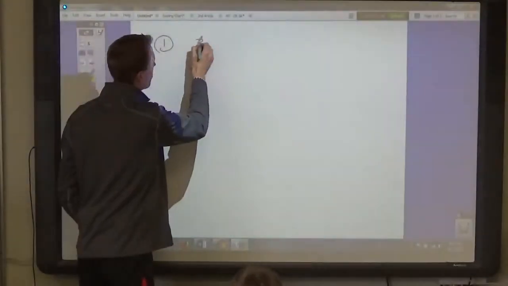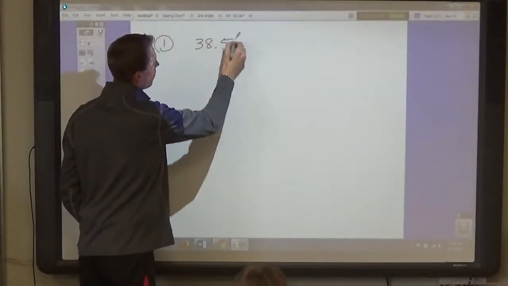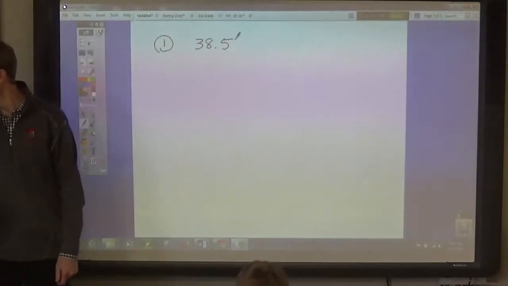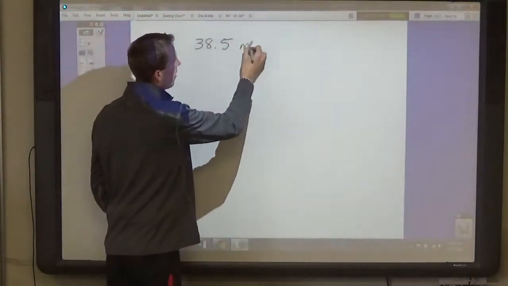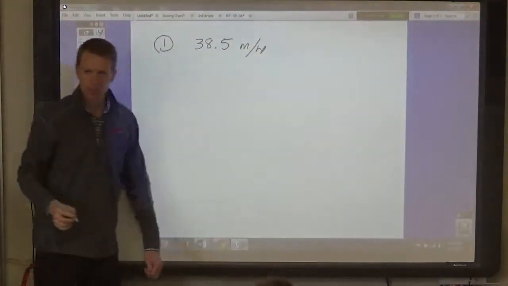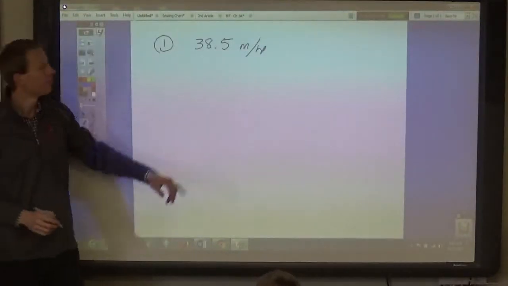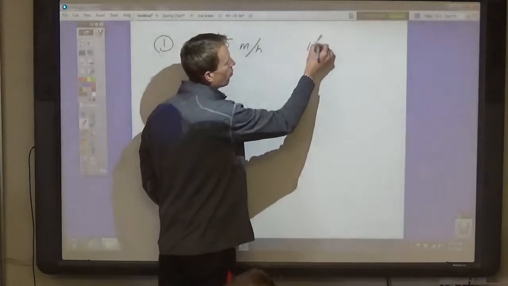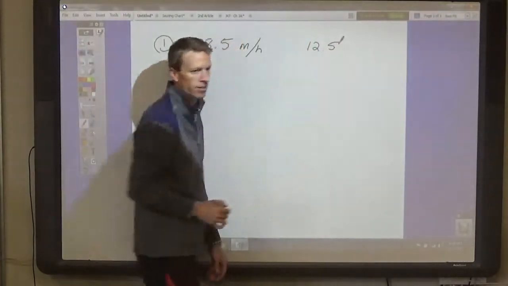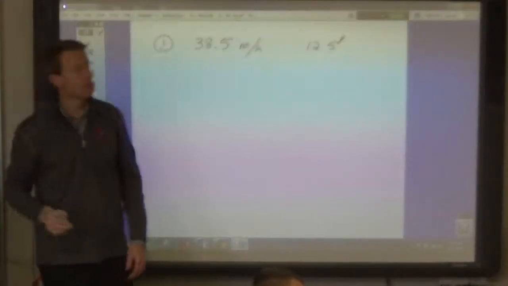Given a rate of 38.5 miles per hour, it says m/h, and that means miles per hour, and a time of 12.5 hours.